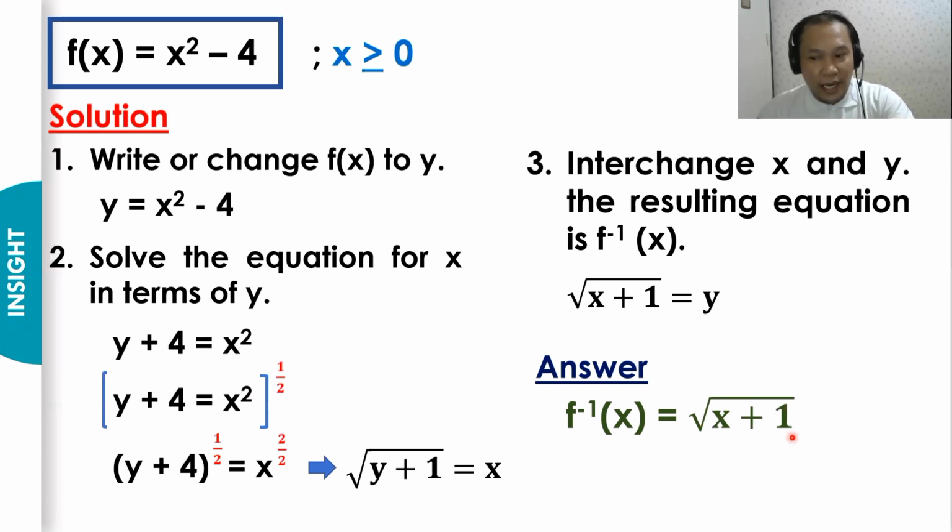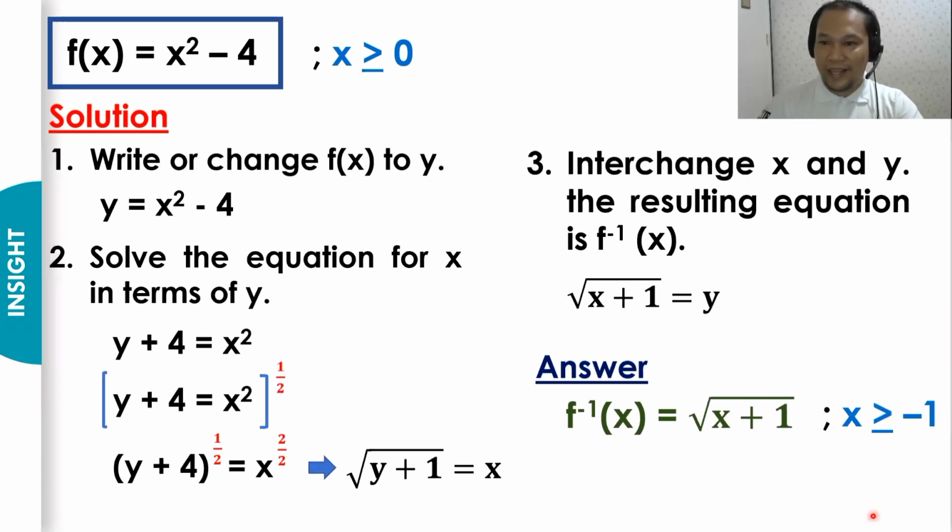And remember, class, this is a radical function. Therefore, we are not going to have an imaginary solution. Therefore, our radicand, which is x plus 4, will be equated by x plus 4 is greater than or equal to 0, wherein x is greater than or equal to negative 4.